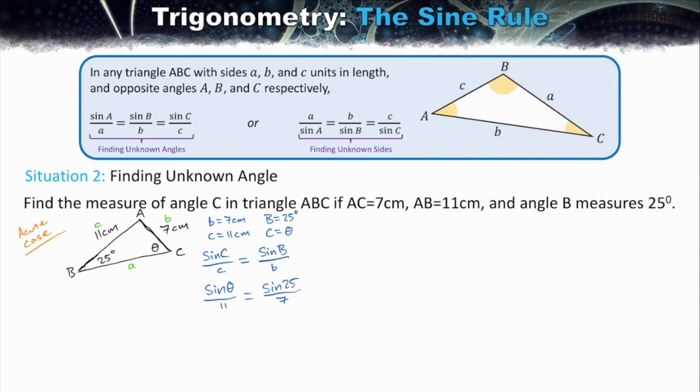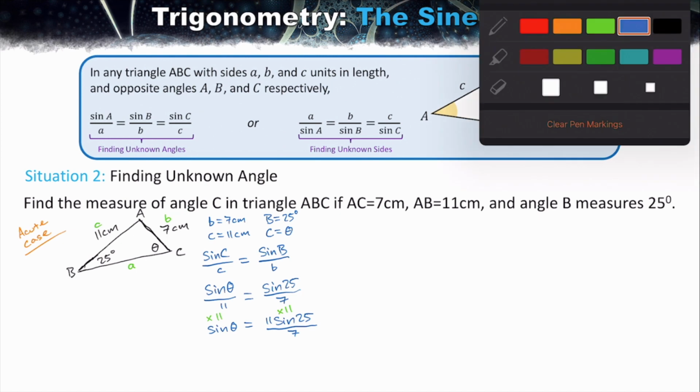So we rearrange to solve this. So because we're dividing by 11, we've got to multiply both sides by 11 here. And that will give us the sine of our angle is equal to 11 times all of this. So that'll be 11 sine 25, all divided by 7.